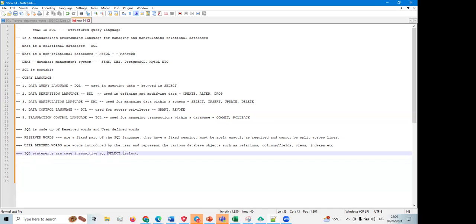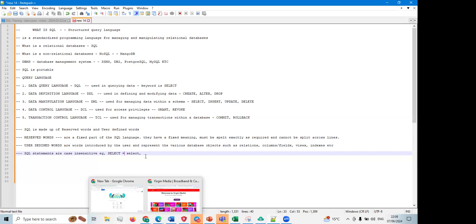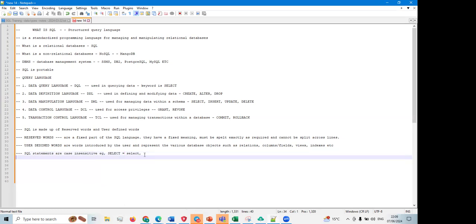So this select here is the same as that, okay? It's the same. It doesn't matter how it is written, so long as the spelling is correct. Because of this, we say that SQL is free format.